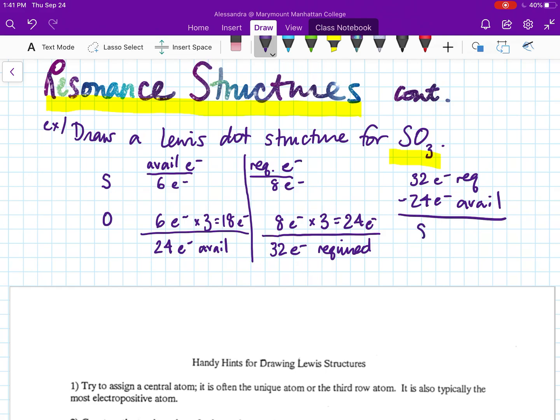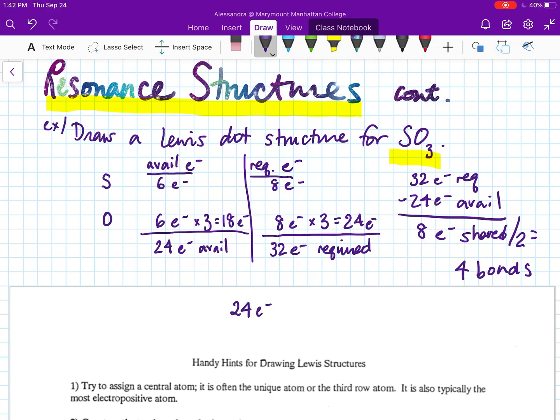That tells me how many electrons need to be shared. If I divide that number by 2, that tells me that I have to have 4 bonds. Furthermore, if I subtract the number of electrons shared from the number of electrons that are available, I will be able to tell how many electrons are in lone pairs.